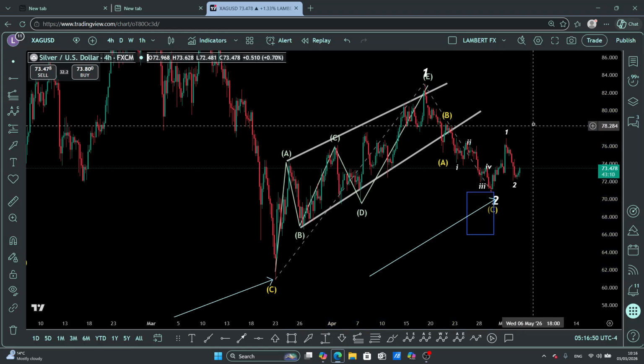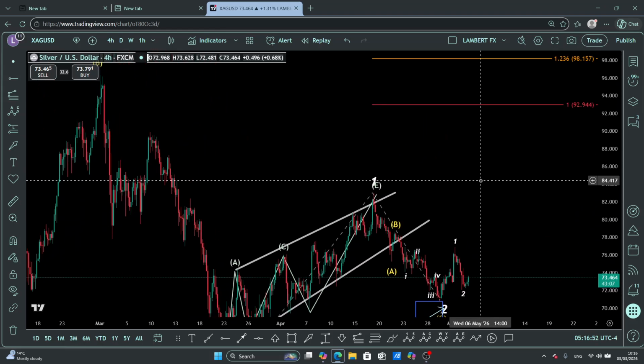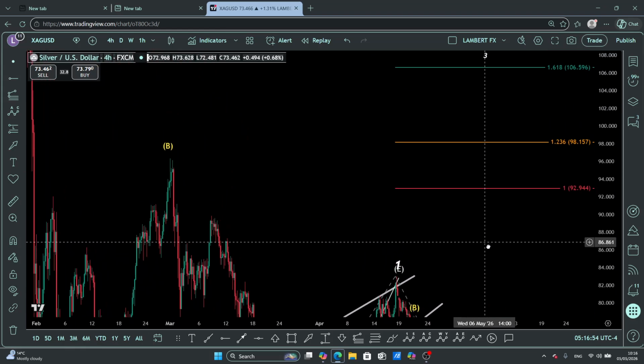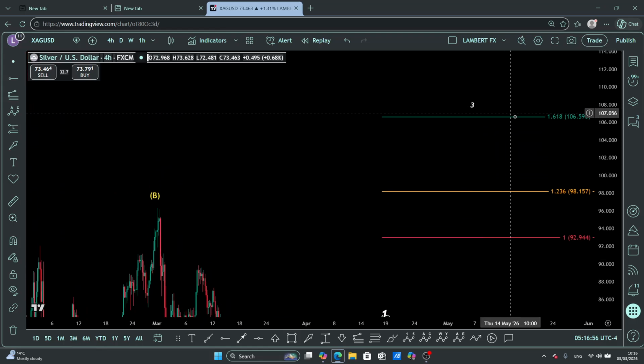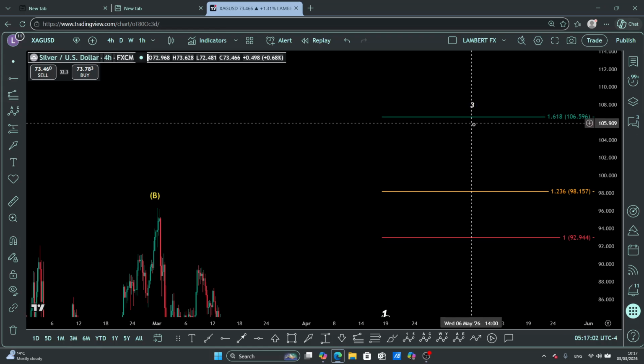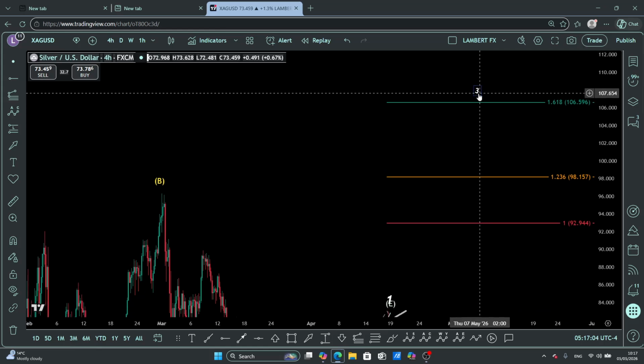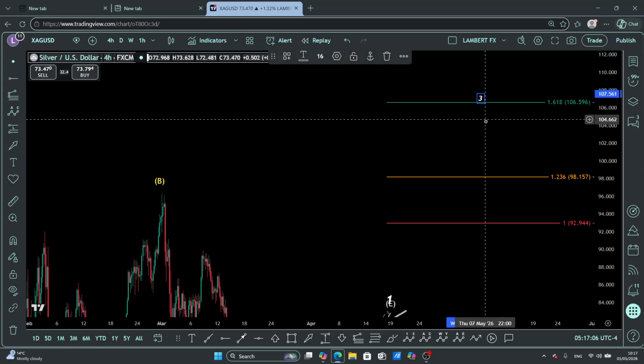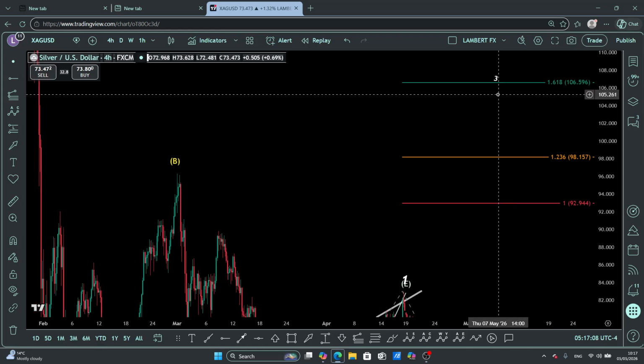So your target should be at 1.618, which is the 106,500 area, somewhere around here. This is where you should be aiming to take your profits.